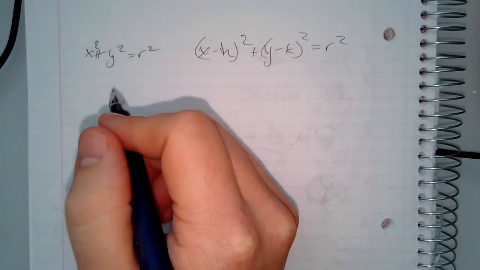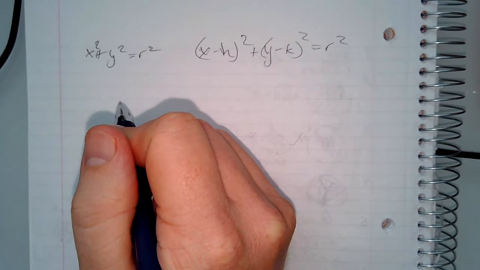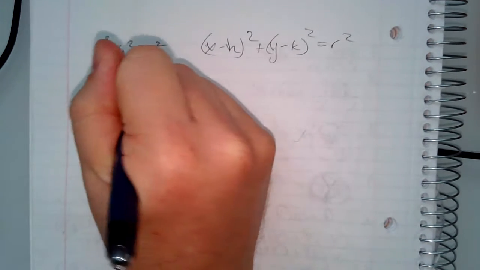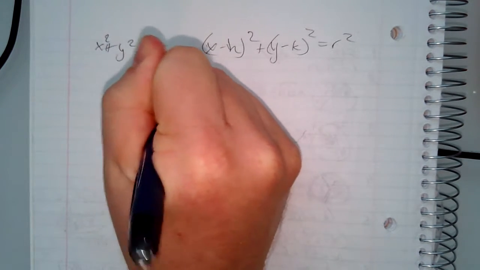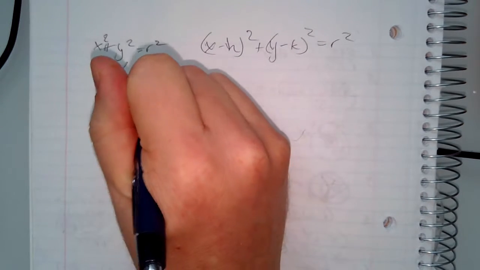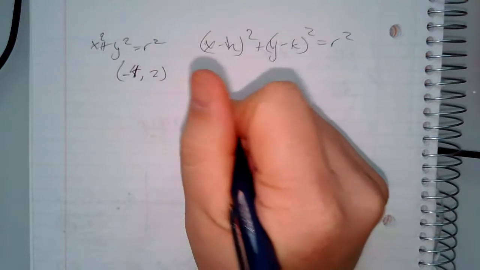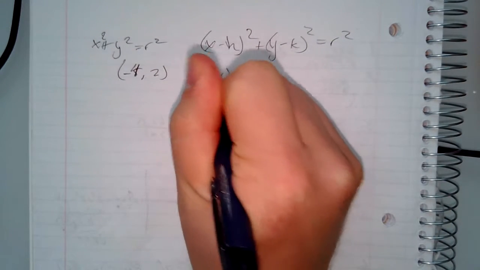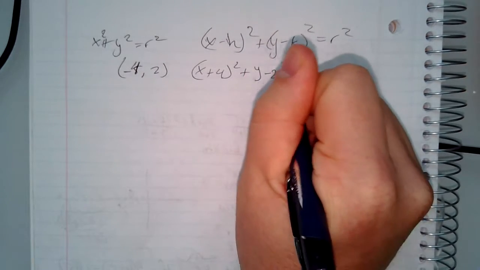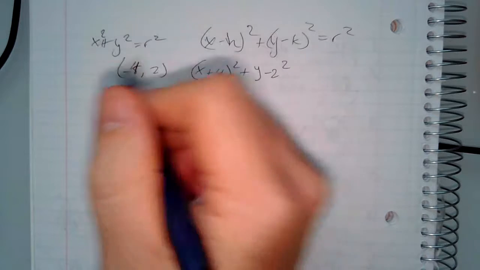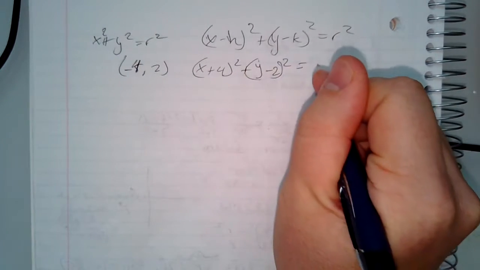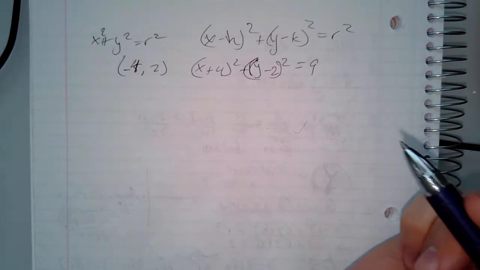So our circle happens to be at 1, 2, 3, 4, 5. The center is at -5, 2, no, that's at -4, 2. So our equation will be x plus 4 squared plus y minus 2 squared. And I can see on the graph that our radius will be 3. So 3 squared is going to be 9. So we'll have that right there.